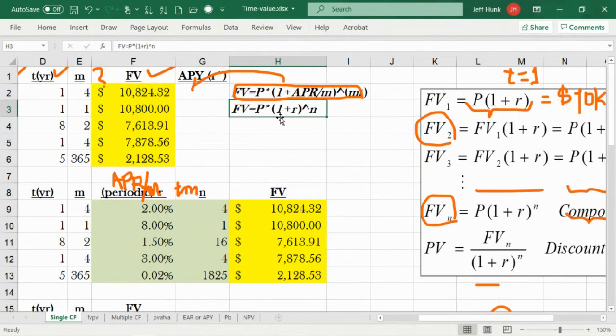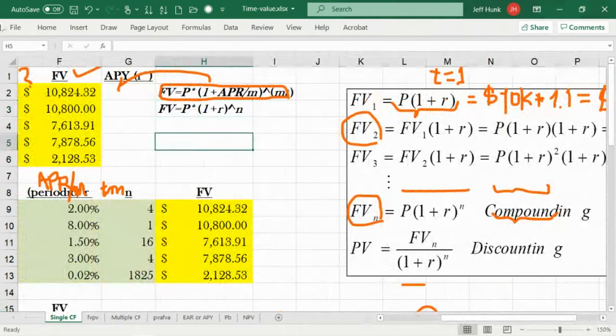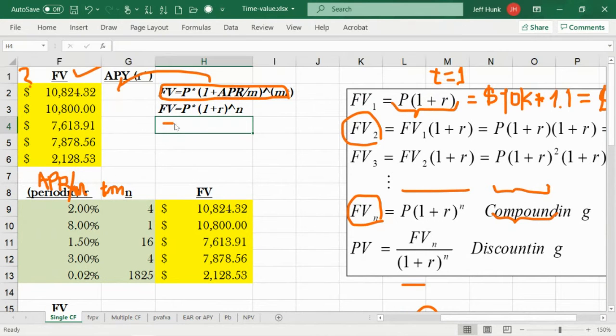From this formula, we need to solve for P, right? And that's not a difficult thing. Why? Because I've been telling you over and over, the key to solving any equation is identifying the z equals x times y structure.